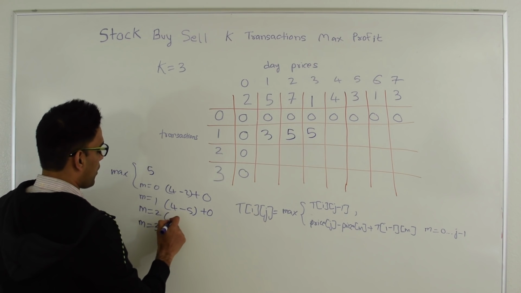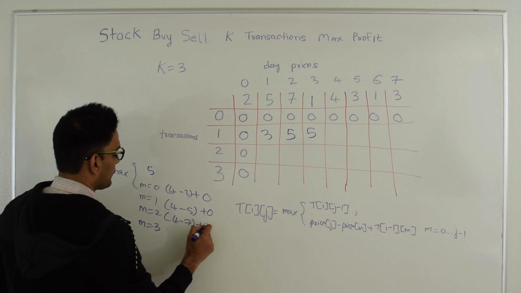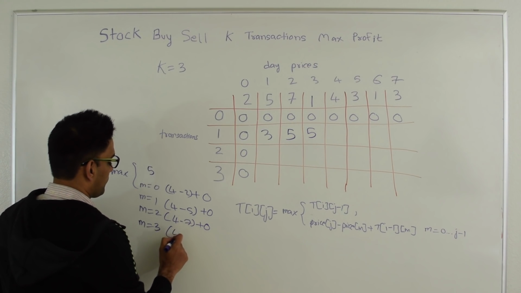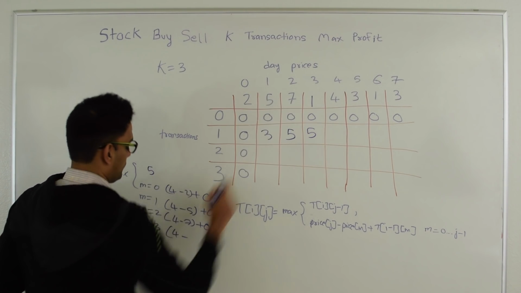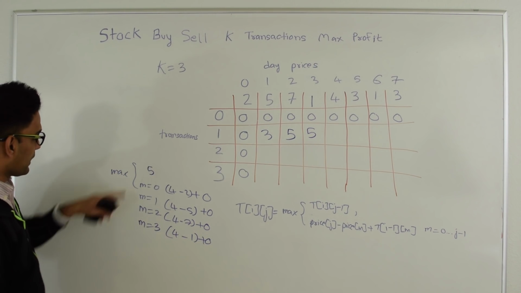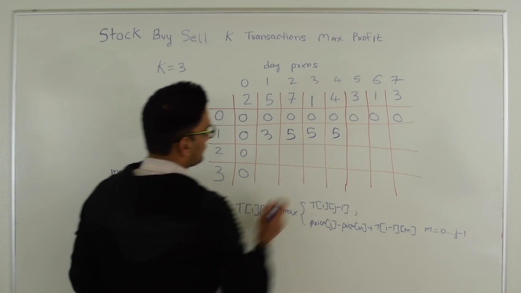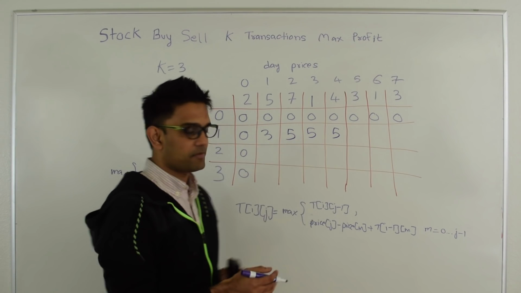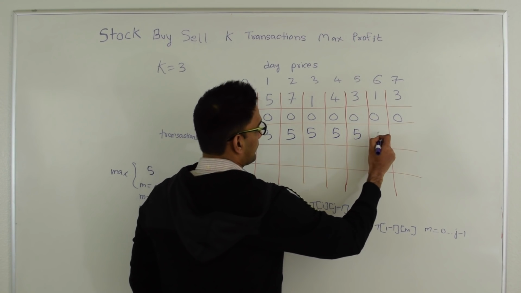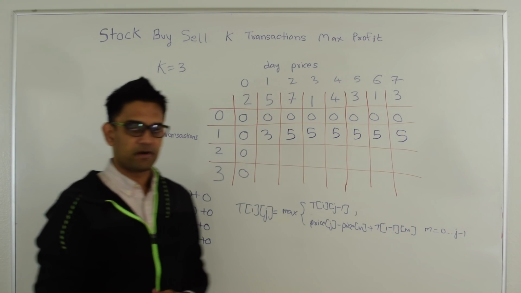Or you bought on day 2, so 4 minus 7 plus 0. Or you bought on day 3, so 4 minus 1 plus 0. So the maximum of this will again be 5. You can keep filling the table till the end of the row and all the values will be 5. So this is how we fill the first row.